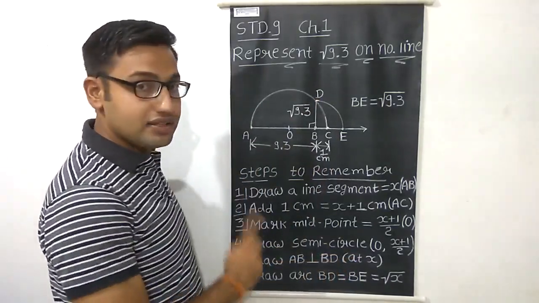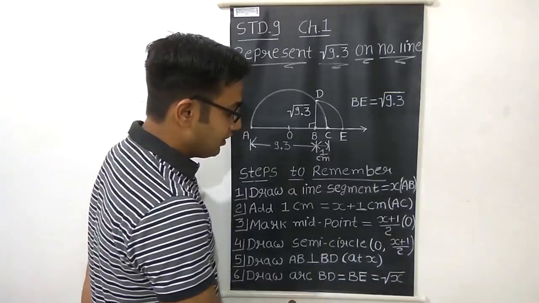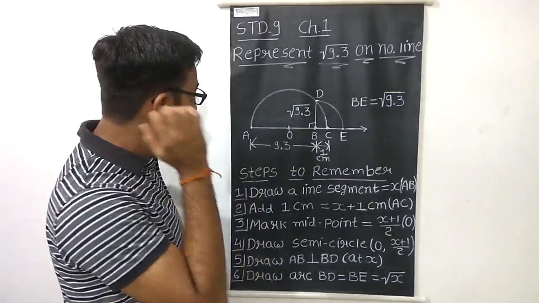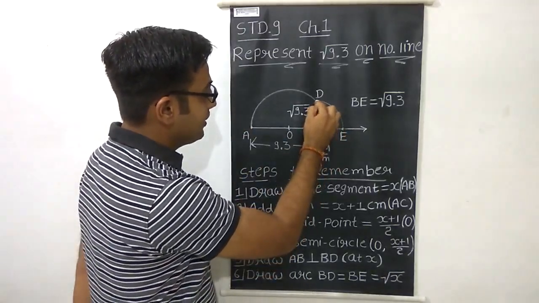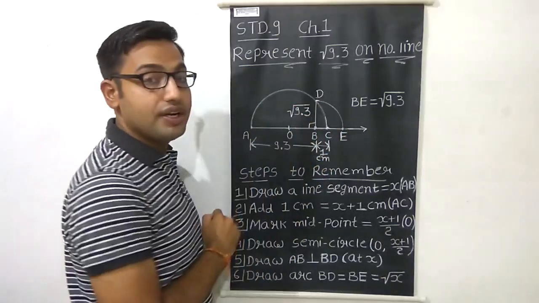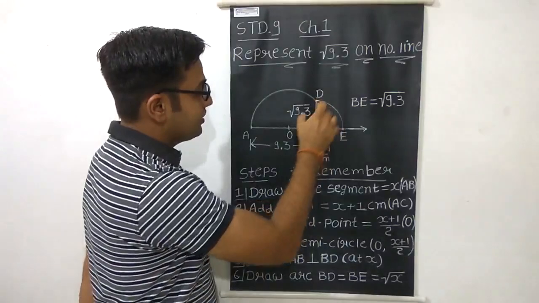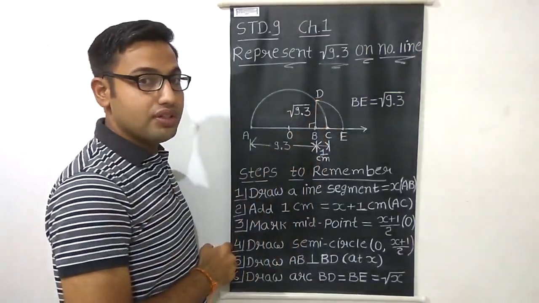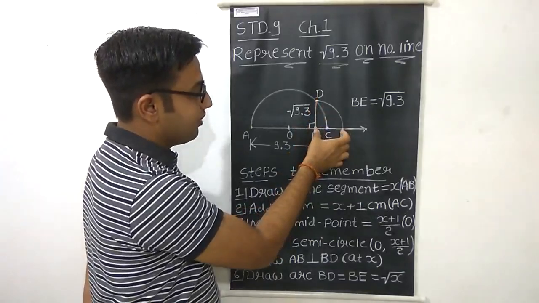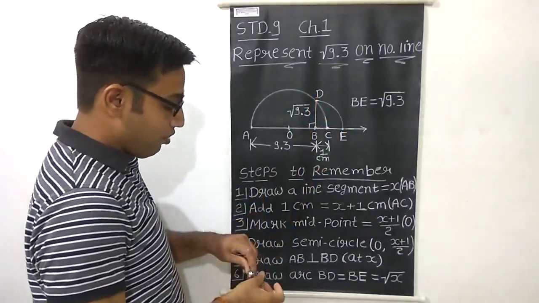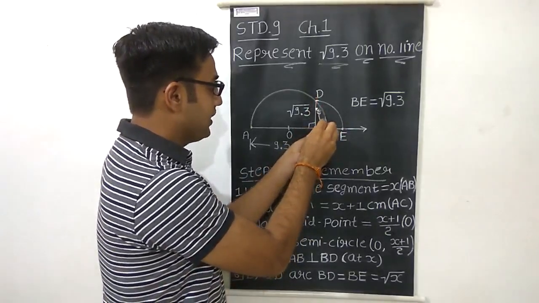Now the sixth and last step is to draw arc BD equal to BE. This perpendicular intersects the semicircle at point D. So this much distance is actually root 9.3. To locate this distance on the number line, we again draw an arc equal to BD.